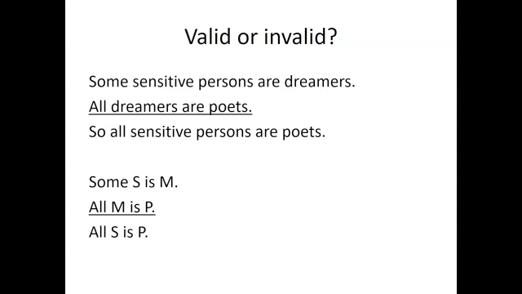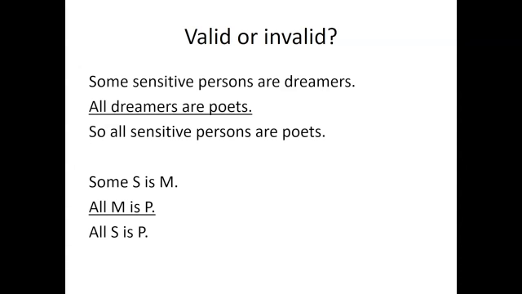And then the fourth rule was that whatever is distributed in the conclusion must be distributed in the premise. So the conclusion here is of the form all S is P, and so S is distributed in this conclusion, because in a proposition of the form all S is P, S is distributed.